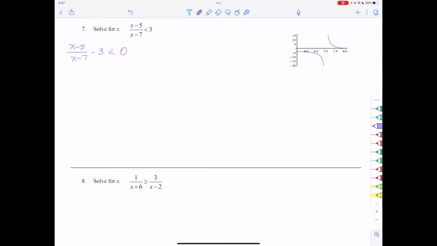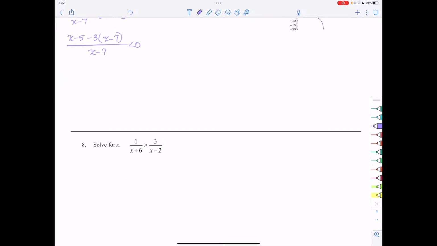And now we'll get a common denominator, x minus 5 minus 3 times x minus 7 all over x minus 7. And now we'll just combine like terms. You can see that we have a negative 2x plus 16 all over x minus 7 is less than 0.